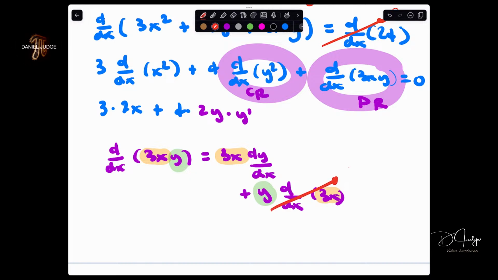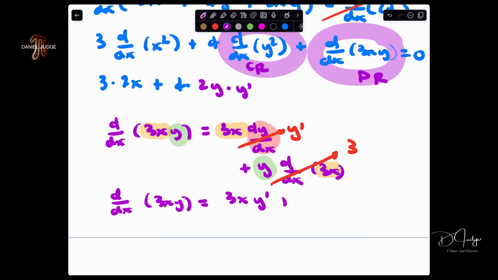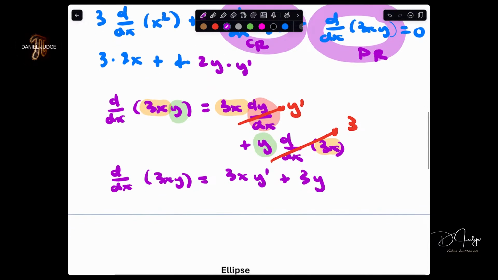So this derivative is just 3. So ladies and gentlemen, d dx of 3xy becomes, if you pay close attention, this is my y prime, 3x y prime plus 3y.